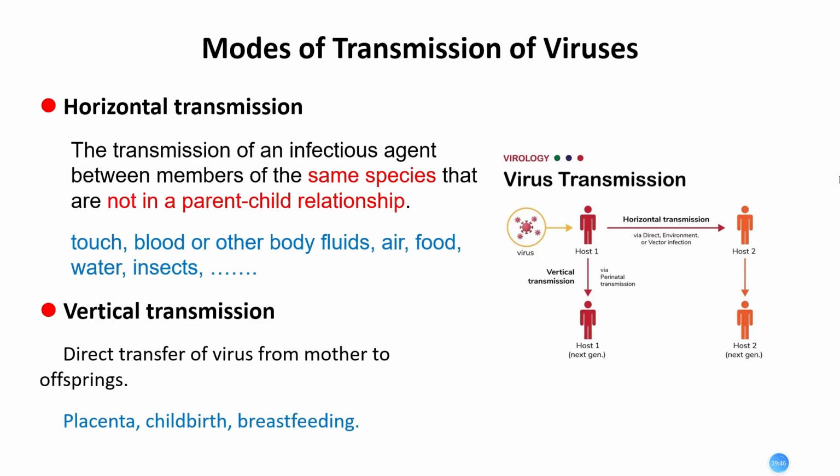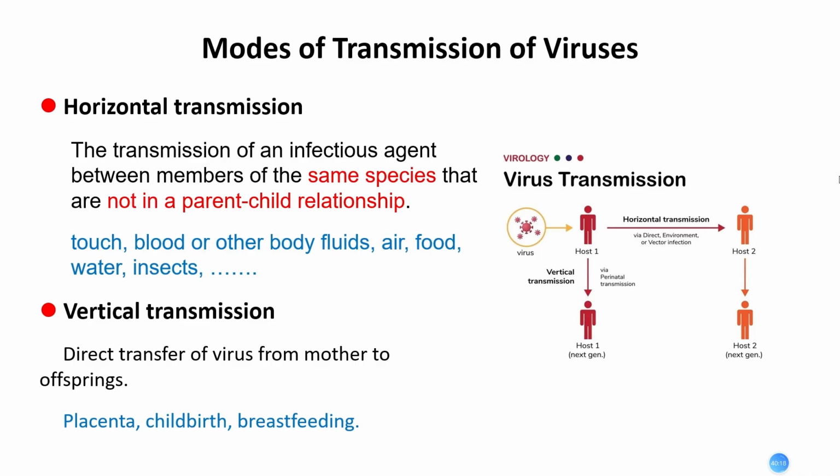And meanwhile, you give the baby the HBV vaccine to activate the baby's immune system. And also breastfeeding. I think any virus can pass through the breastfeeding. HIV? Yeah, I think so. So this is a vertical transmission from mother to her offspring.